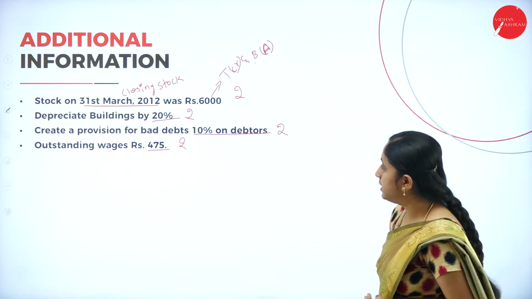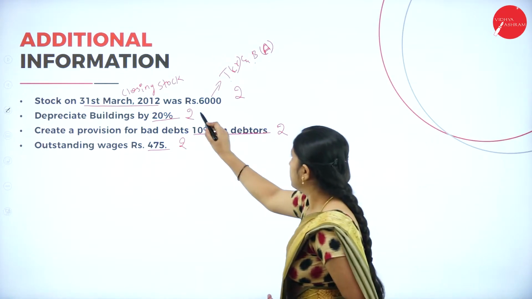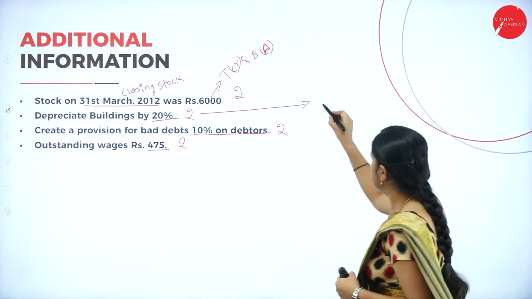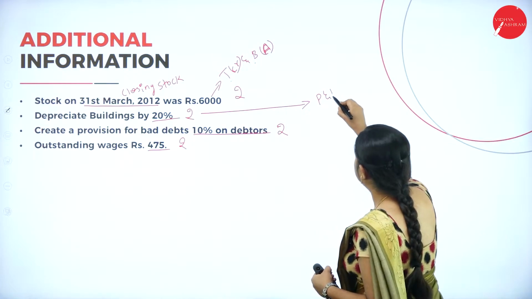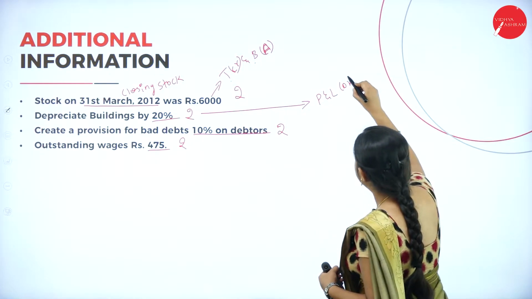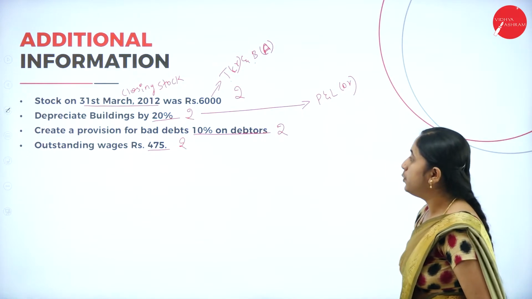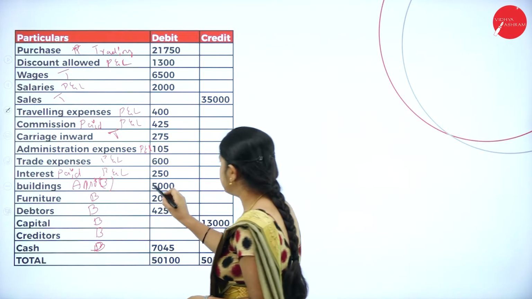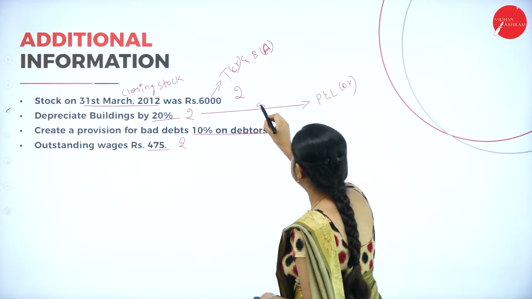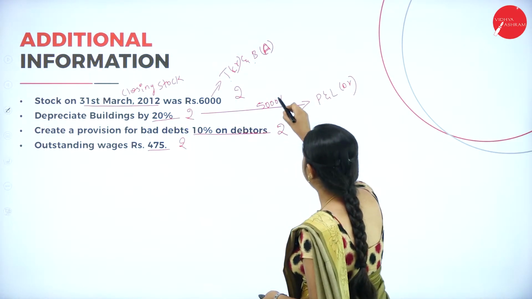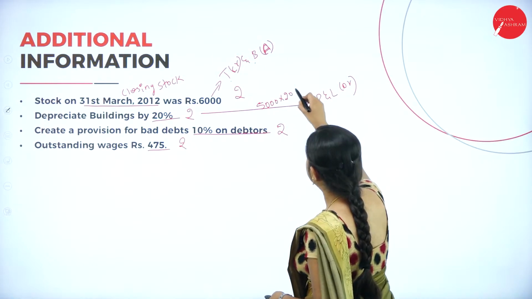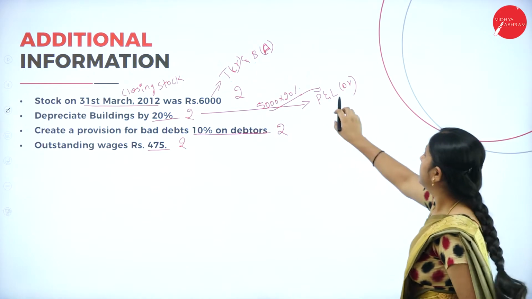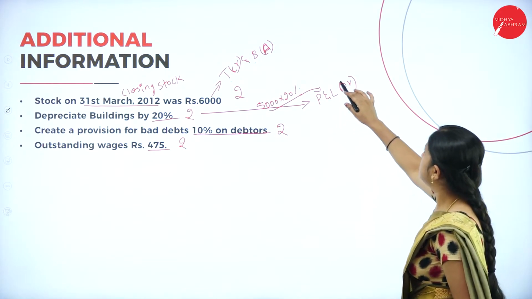Then, depreciate building by 20%. Depreciation is an indirect expense, so once you will consider it in the profit and loss account, debit side. For the calculation, consider the building amount, 5,000, into 20%. That amount goes on the profit and loss account debit side.